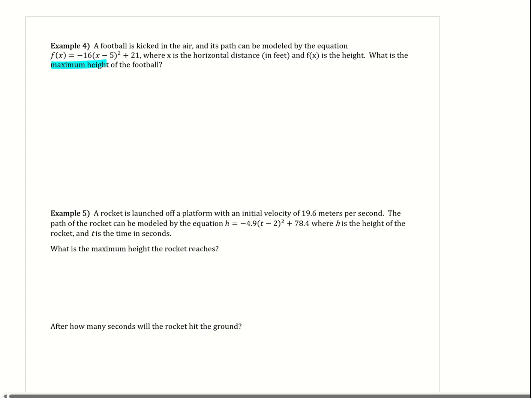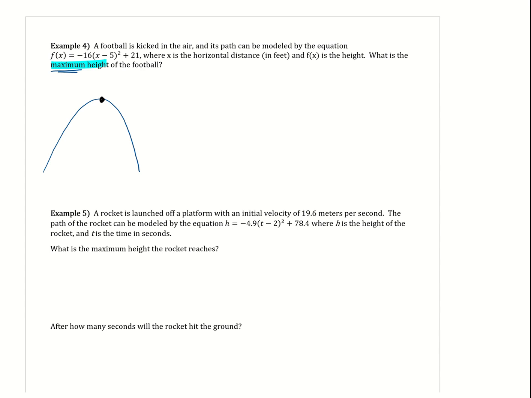So this is not something that we've talked explicitly about, but if you look at this equation, this is vertex form. There's a negative, which implies that the parabola is opening down. So we're talking about a parabola that looks like this. The word maximum, well, we've been talking about max and mins. In this case, the point here, which is our vertex, is going to be our maximum.